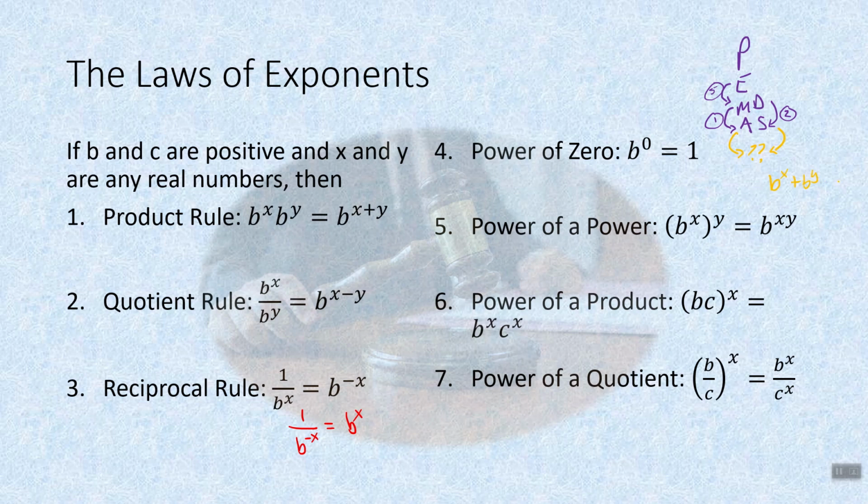We cannot simplify. If I have b plus c to the x, there's nothing I can do. There's nothing below add and subtract on the order of operations, so we're not able to simplify those in the exponents. So order of operations is your structure to keep these laws straight.